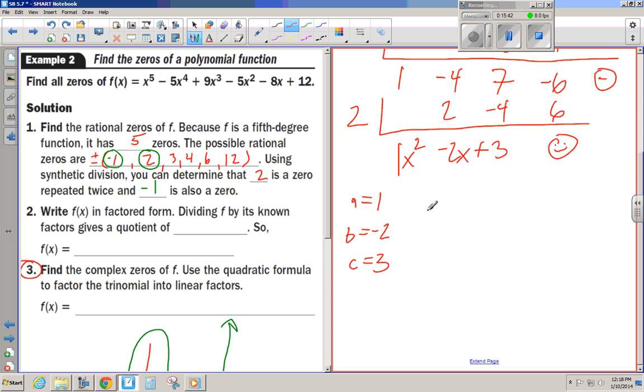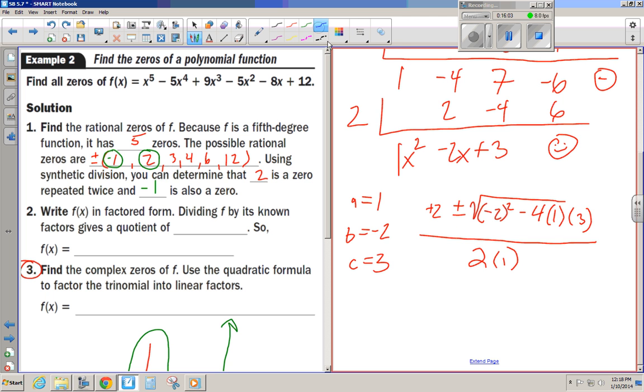We're going to use x equals the opposite of b plus or minus the square root of b squared minus 4ac, all over 2 times 1.